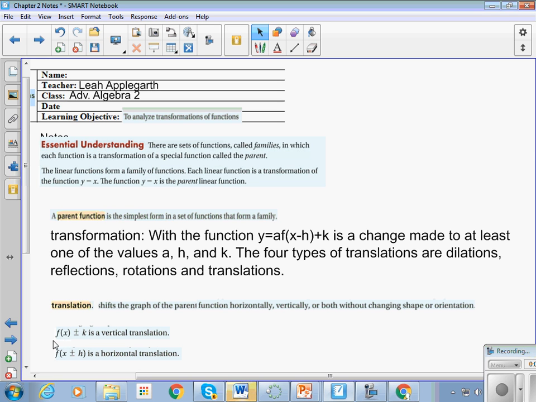A horizontal translation takes the x value out of your function and replaces it with either x plus h or x minus h, and that'll shift your graph left and right. We'll talk about specifically how that affects it in just a moment.